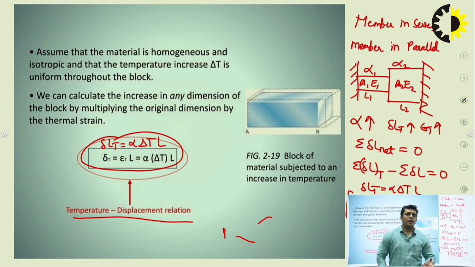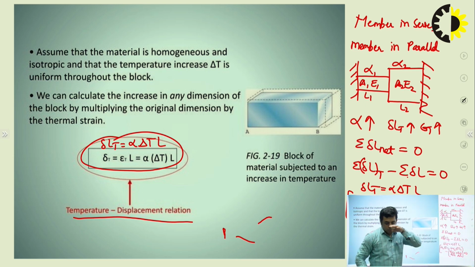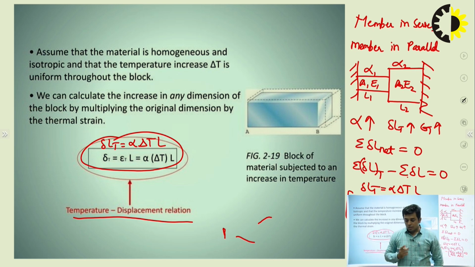For full restriction, the mechanical force is what restricts the thermal change in length due to temperature. This is restricted by that, so their difference will be equal to 0. We name this equation 1, or equation A.